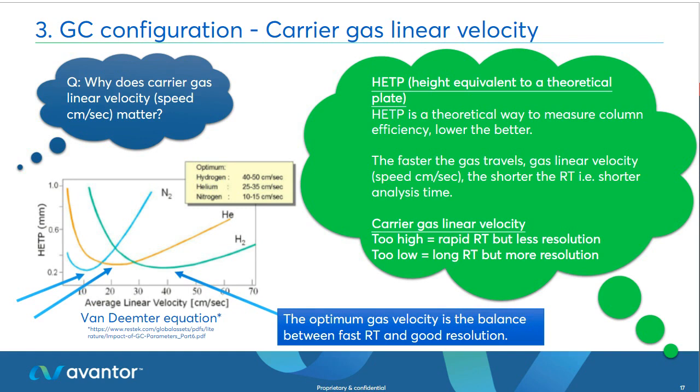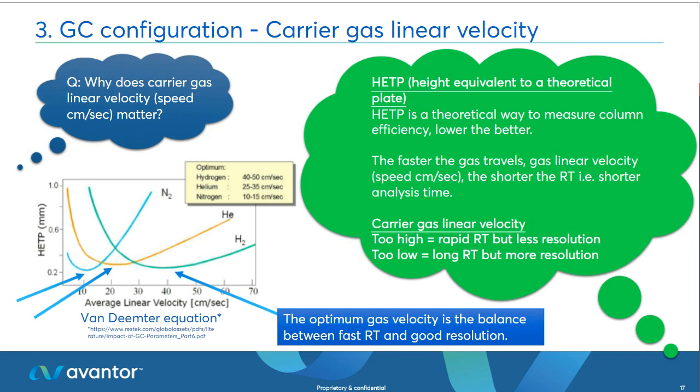As you can see on here, nitrogen only has a narrow range, whereas helium and hydrogen have much broader ranges. So they can go much faster before we see that HETP value increase, and then we lose column efficiency and see peaks broadening and worse chromatography.